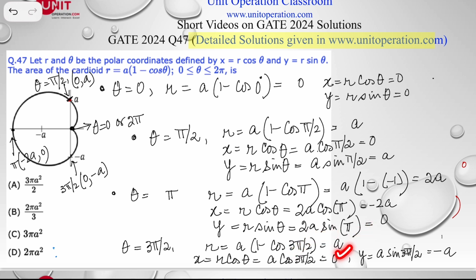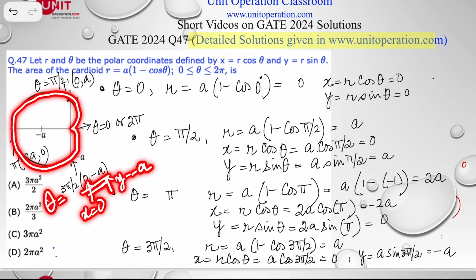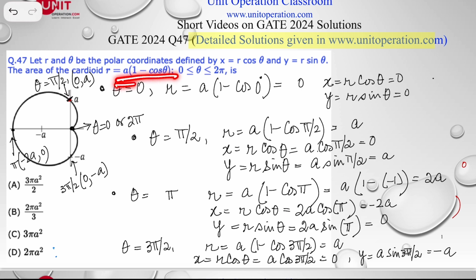Cosine of 3 pi by 2 is 0, so x is equal to 0, and sine of 3 pi by 2 is equal to negative 1, so y is equal to negative a. So at theta equal to 3 pi by 2, x is equal to 0 and y is equal to minus a. So this looks okay. That's of course the cardioid, and it matches this function right here perfectly.